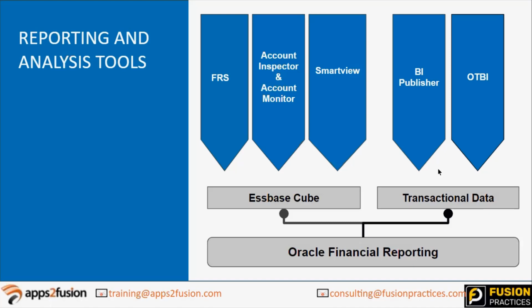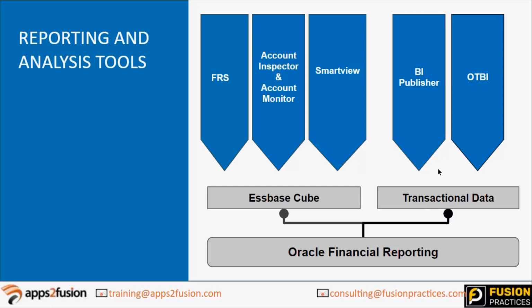Let's take the transactional data source first. These are nothing but our basic 2-dimensional data tables that you have in your database. They get created whenever data is entered or loaded in the Oracle Fusion application.